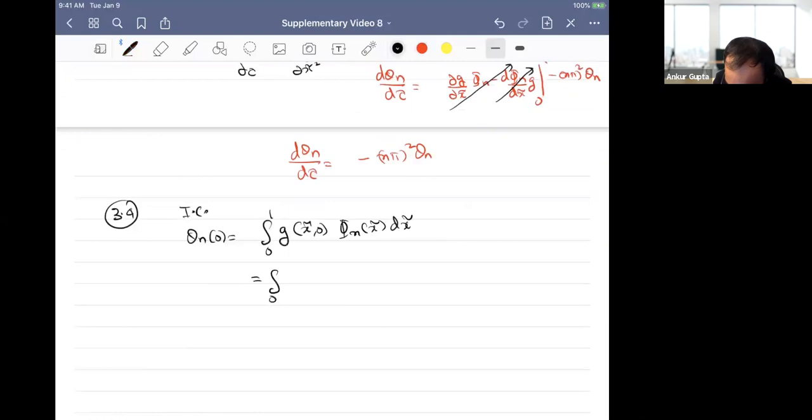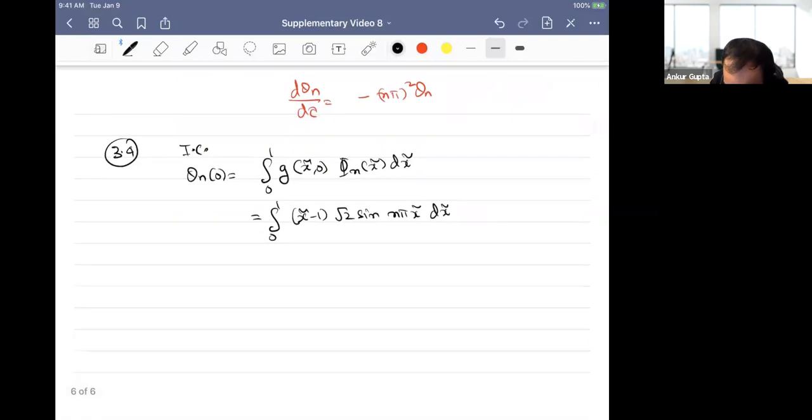G of x comma 0 is x minus 1, and phi n is root 2 sine n pi x dx, right? And what this comes out to be, and you can verify this, again, you can put it on Wolfram Alpha or any of the computations you like, you'll get it to be minus root 2 by n pi, theta n of 0.